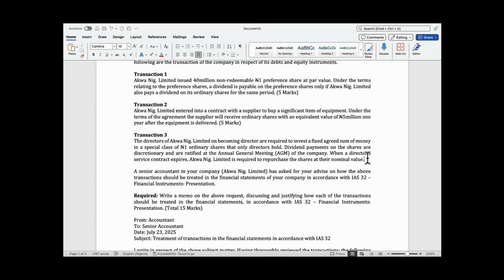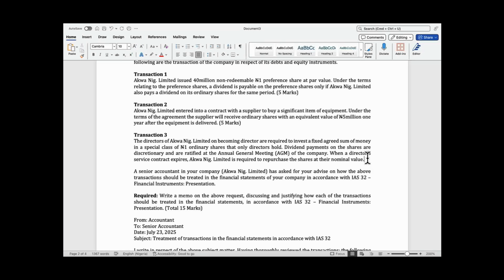It's this class of shares that only directors hold. Payment of dividend is not automatic, it is discretionary, and it has to be ratified at the AGM. And when the director's contract expires, the company will buy back the shares from them, because only directors can hold this class of shares.